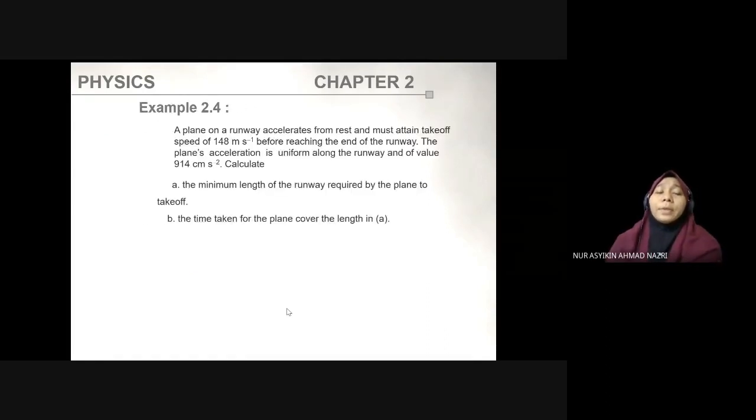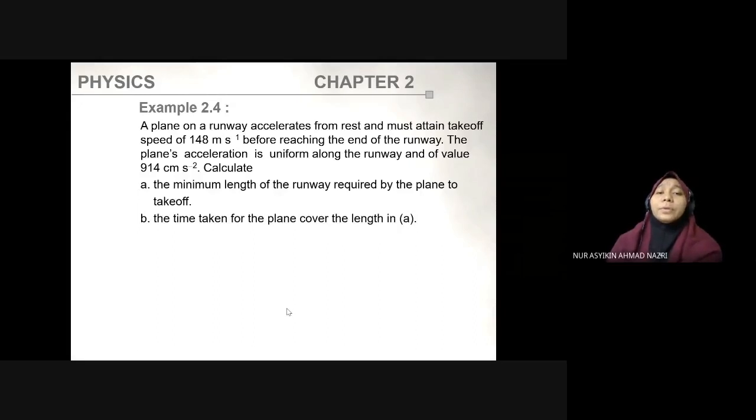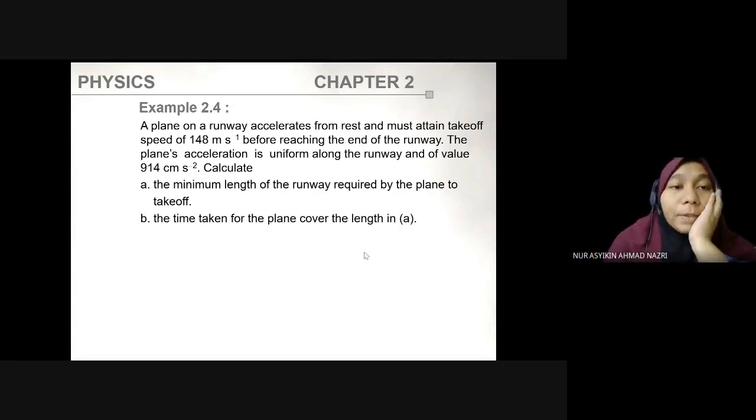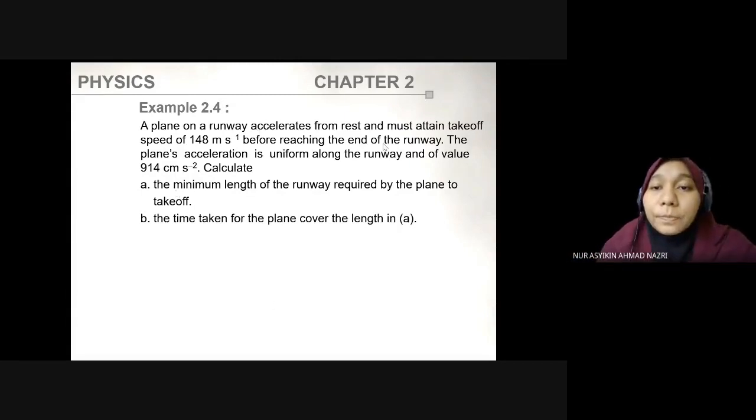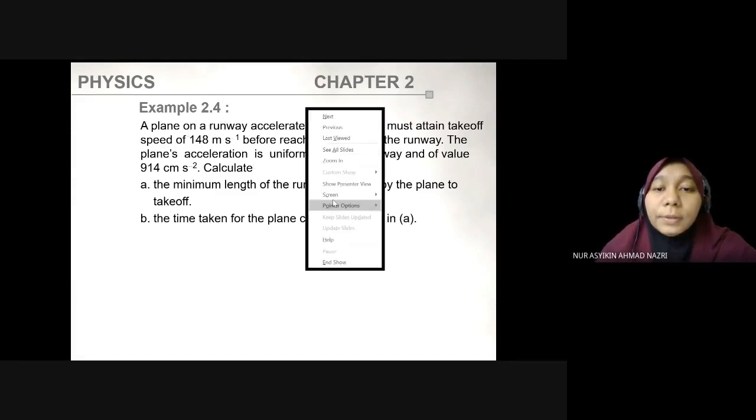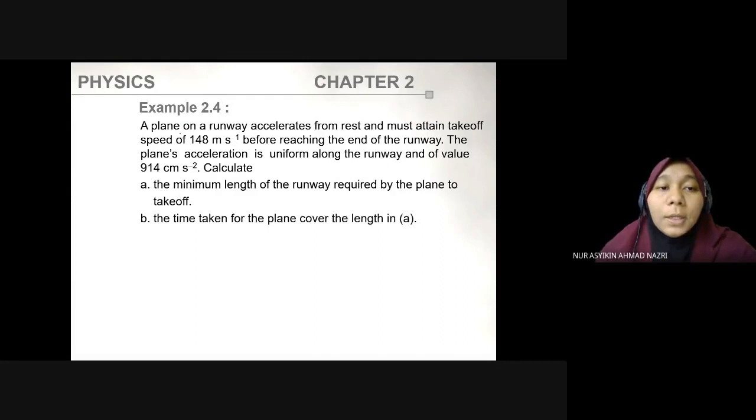Okay, now we look at an example here. It says a plane on a runway accelerates from rest.